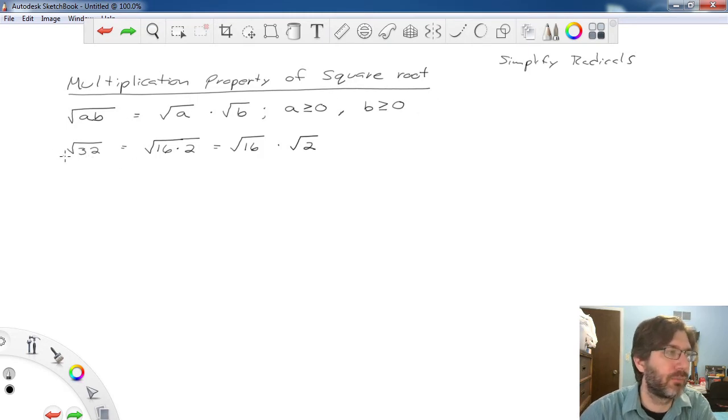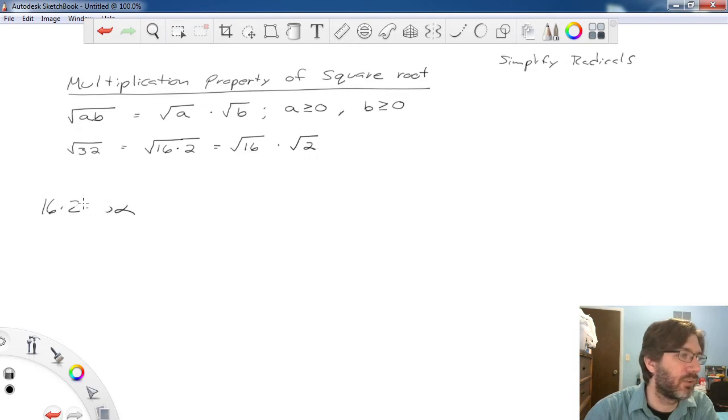To put that in numbers, take the square root of 32. We know that 16 times 2 equals 32, so 16 and 2 are both factors of 32. So this is the same as the square root of 16 times 2, and we can pull that apart with our multiplication property: the square root of 16 times the square root of 2.